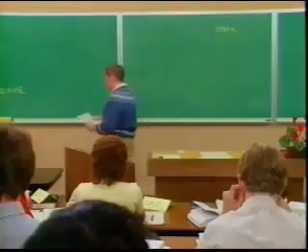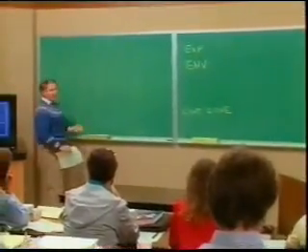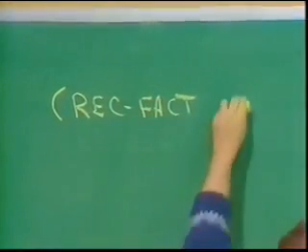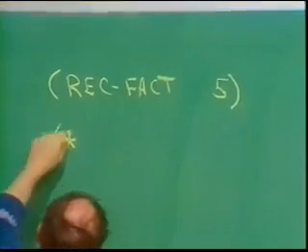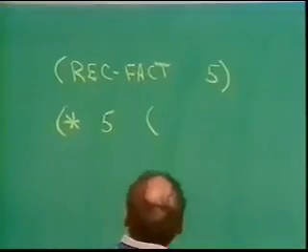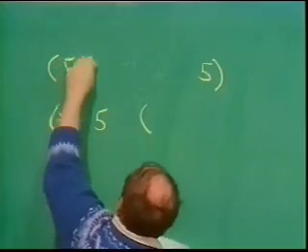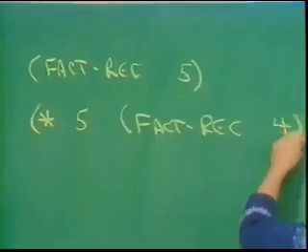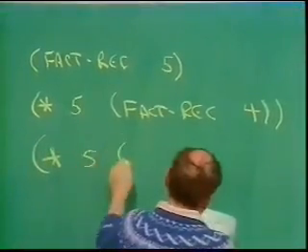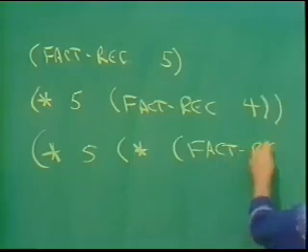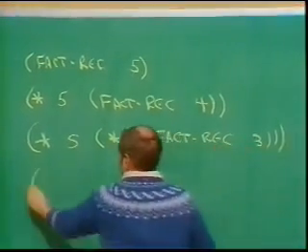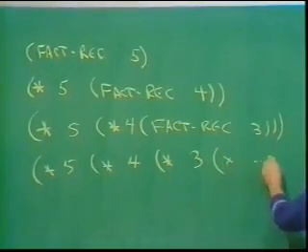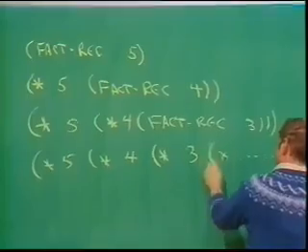And then just to link it back to the way we started, we said, oh, you can see that it's going to be a recursive process by the substitution model, because if I say recursive factorial of 5, that turns into 5 times recursive factorial of 4, which turns into 5 times 4 times fact rec of 3, which turns into 5 times 4 times 3 times, and so on.